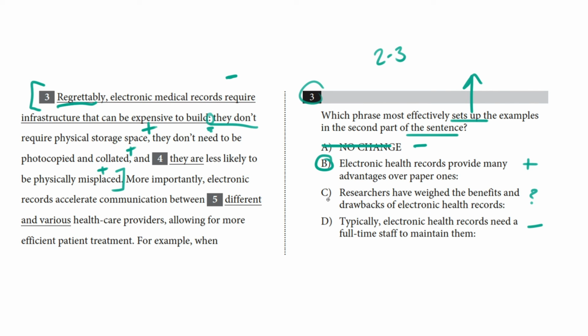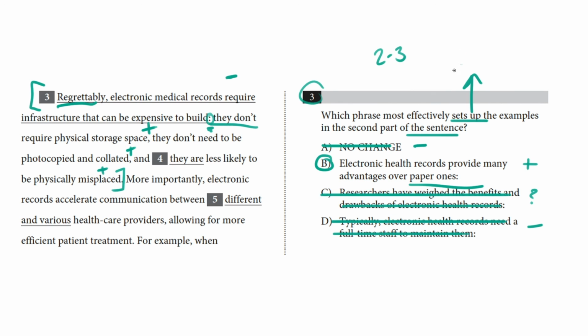So if we're trying to match positive expressions to positive expressions, then our answer is B. These examples all reference and compare the benefits of digital or electronic health records compared to paper physical ones. And B is the only choice that provides a setup that explicitly says paper ones. That does the comparison work that the examples are providing evidence for.